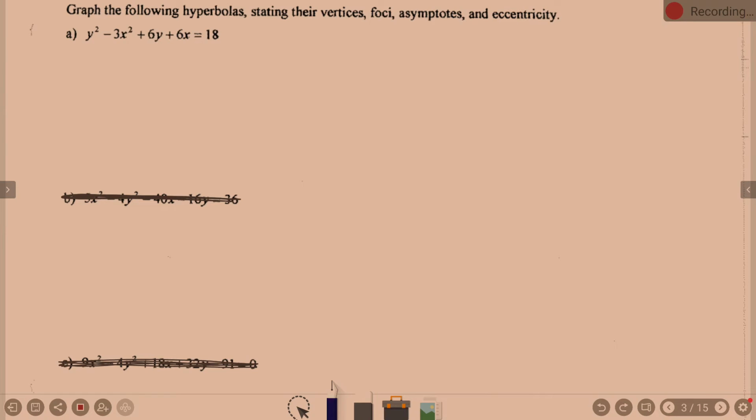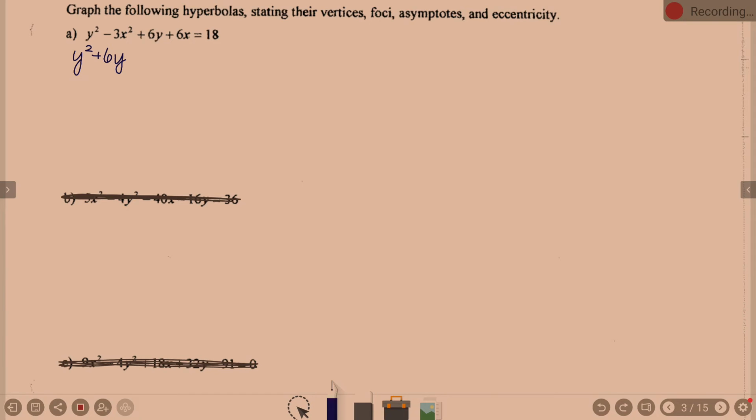Like I did last time, my brain says I'm going to put x's first and then y's. However, I'm going to change that a little bit here. My brain says to put y's first because y squared is positive and x squared is negative. So go with the flow on a hyperbola, put the positive one first. We have y squared plus 6y.